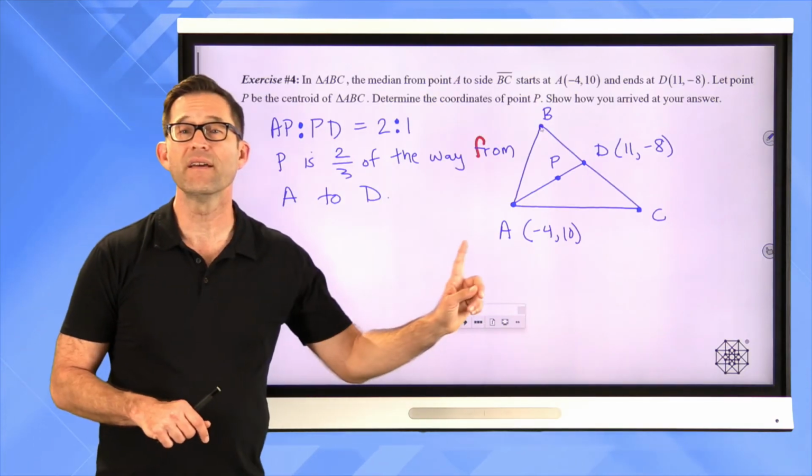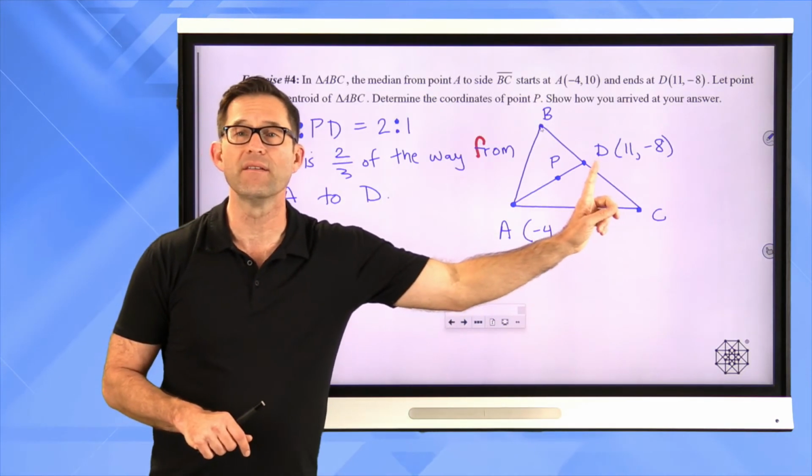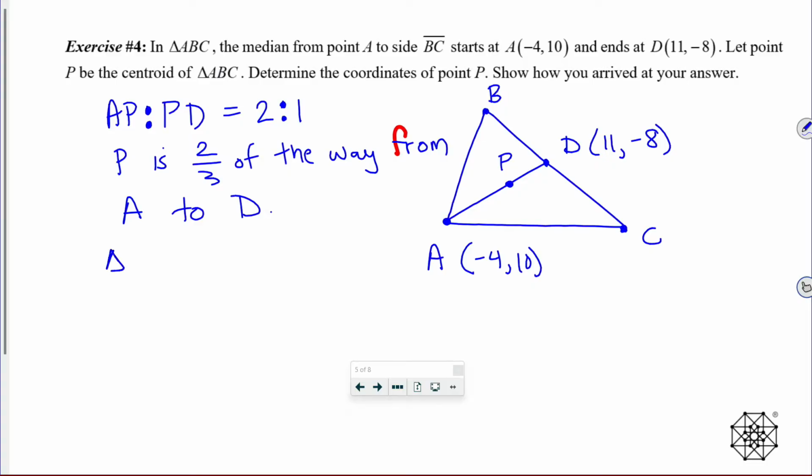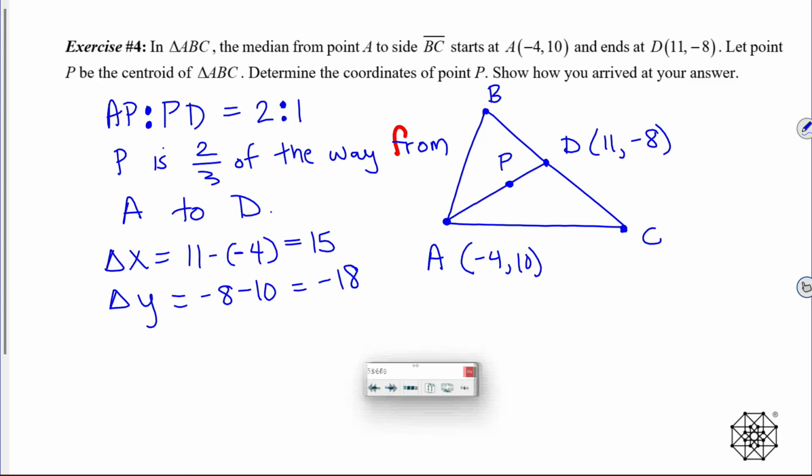All right, again, the idea is I'm going from A to D, so my delta x is going to be 11 minus -4, which is 15. My delta y is going to be -8 minus 10 for a whopping -18.